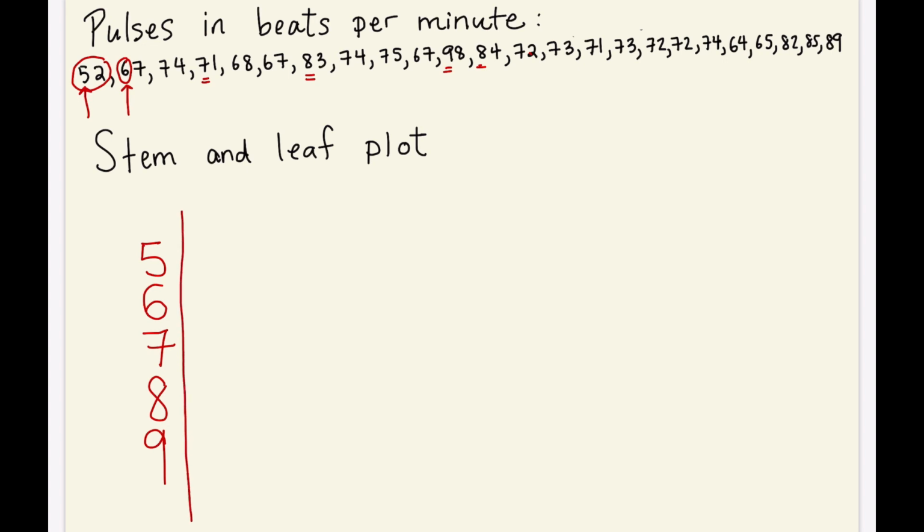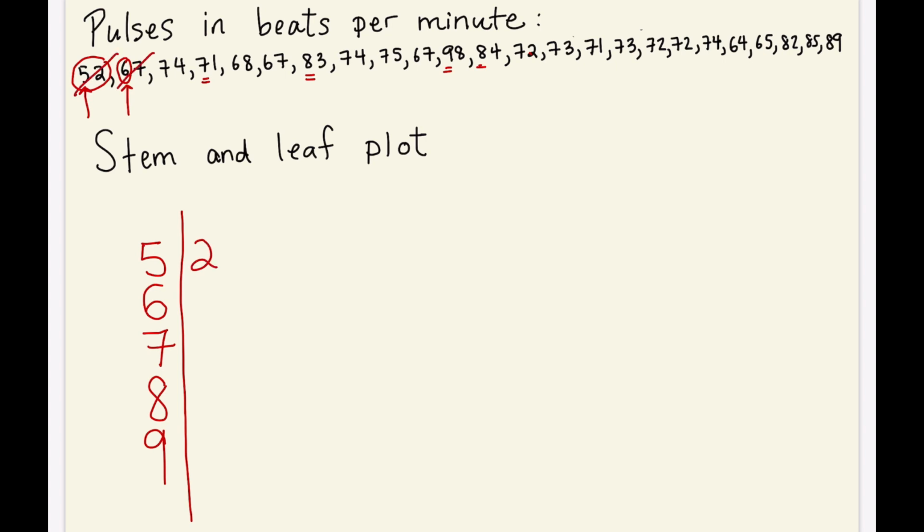Then, just as I did before, I'm going to go through my list of pulses and put each pulse, based on the leftmost digit, into the class given by those stems. For example, 52 would go in the 5 stem, and I'm going to temporarily put the 2 here.